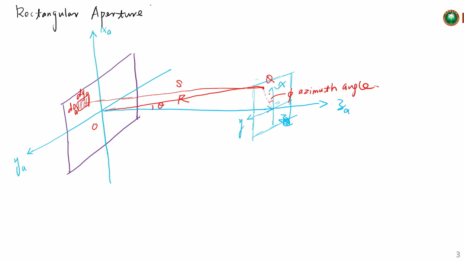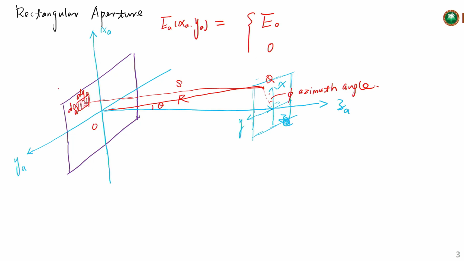So we can express the electric field Ea(xa, ya) equal to E naught. So that means it is uniform over the whole aperture. However, outside of the aperture we take it to be 0, right? So we have a condition here.